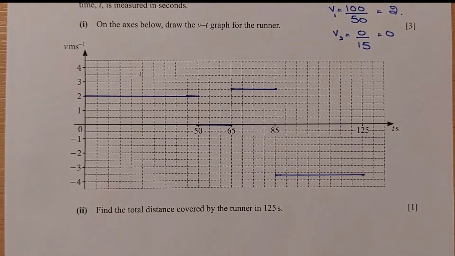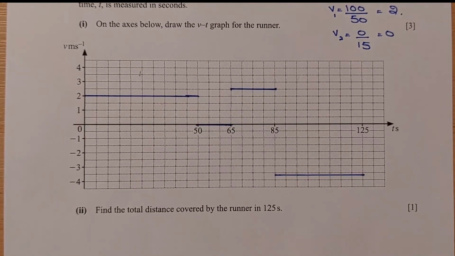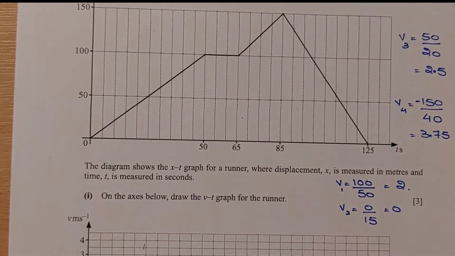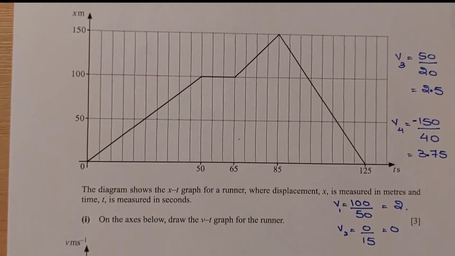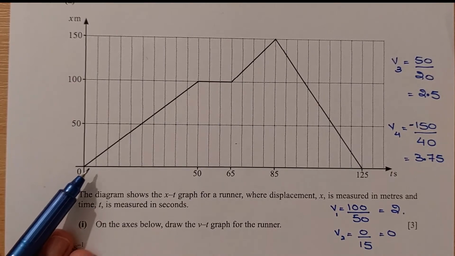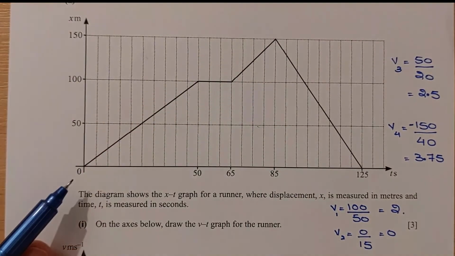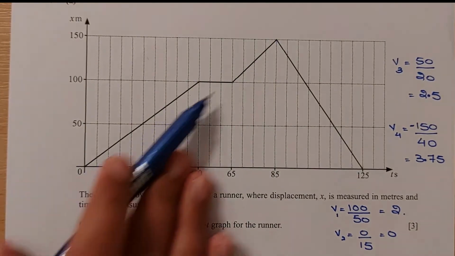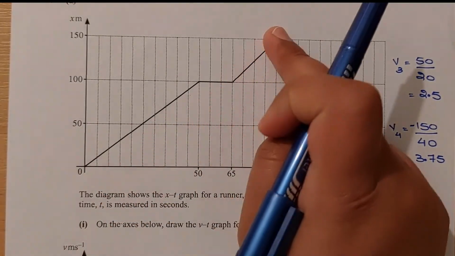Now for the second part, find the total distance covered by the runner in 125 seconds. Okay, so the total distance we need to find, right? Let's look at the graph. As you can see, first the runner moves up, rests, and then goes up. So this whole portion is 150.